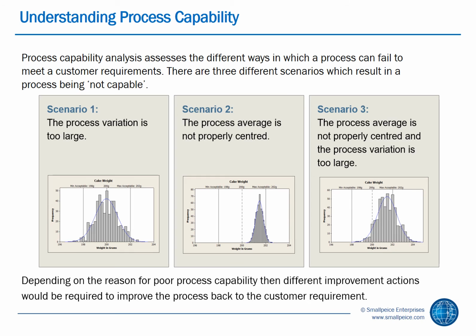Over time, different capability metrics have been developed to cover each of the above scenarios. In the upcoming masterclass, we will cover how to calculate and interpret metrics for 2 of the above scenarios. Metrics which consider only process variation, commonly known as potential capability metrics, and metrics which consider both process variation and centering of the average.